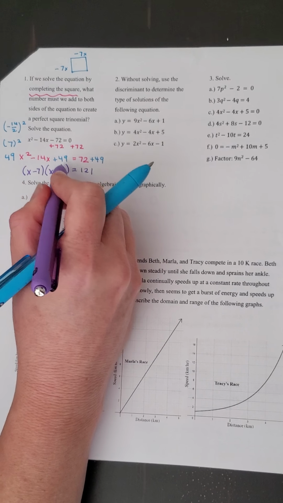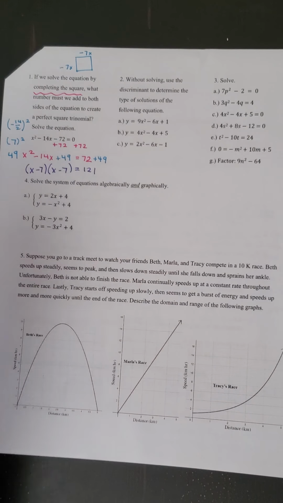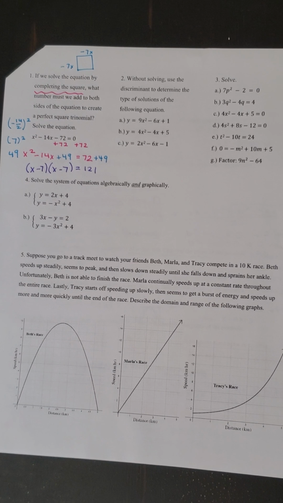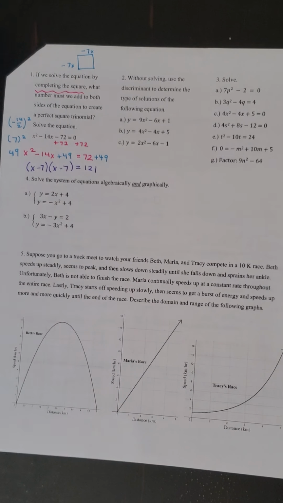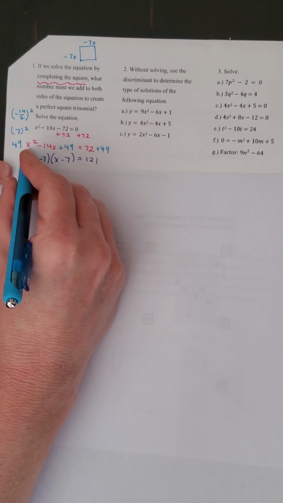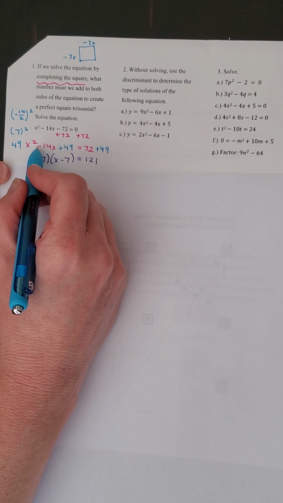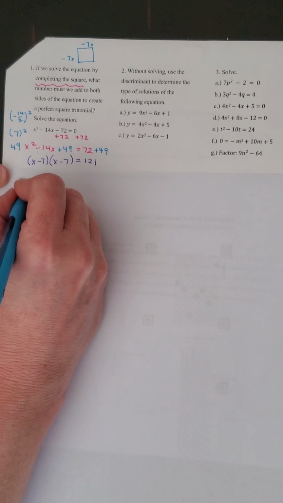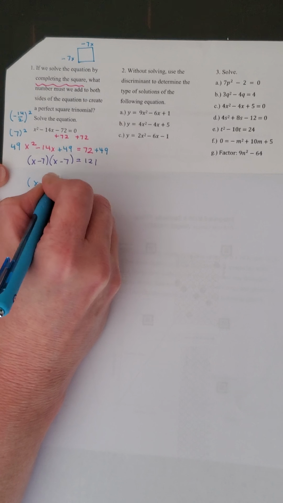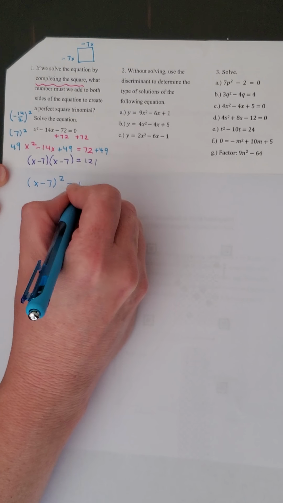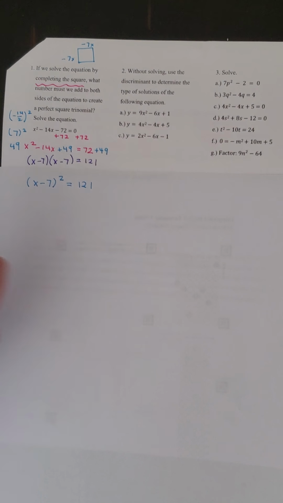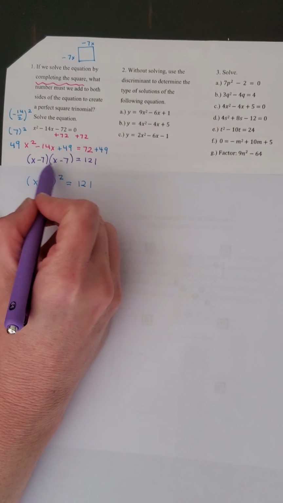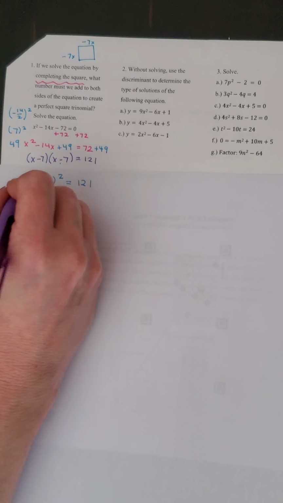Or you could skip this step and go directly to, I'm going to get out a piece of scratch paper because I'm out of room. Go directly to this step, which is that we've just created a perfect square trinomial. And a perfect square trinomial, a squared minus 2ab plus b squared, always factors as a minus b squared. And that equals 121. And then from this point, after you have it written like this, or x minus 7 times x minus 7 is x minus 7 squared, now you're square rooting both sides.